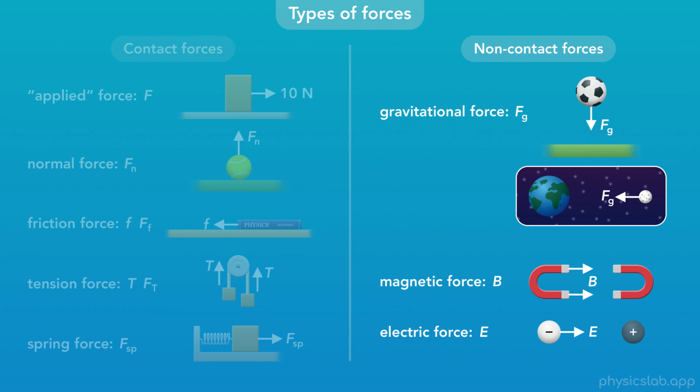Magnets attract and repel each other at a distance, and so do charged particles. It might seem weird that an object can push or pull another object that it's not touching, and it is weird. It took a long time for us to figure out that this is how things work, so don't worry if it's not intuitive at first. We'll learn a lot more about gravity in another lesson.